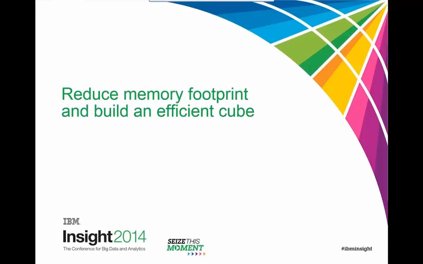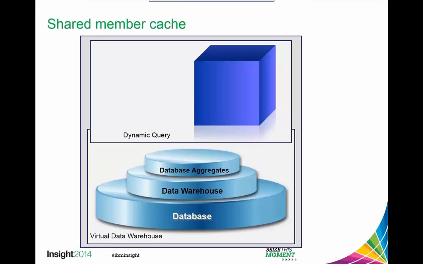We're going to talk about shared dimensions, dimension filters, as well as estimating hardware requirements. So let's jump into a few of these slides. We'll do an introduction, and then we'll go into the lab demo.